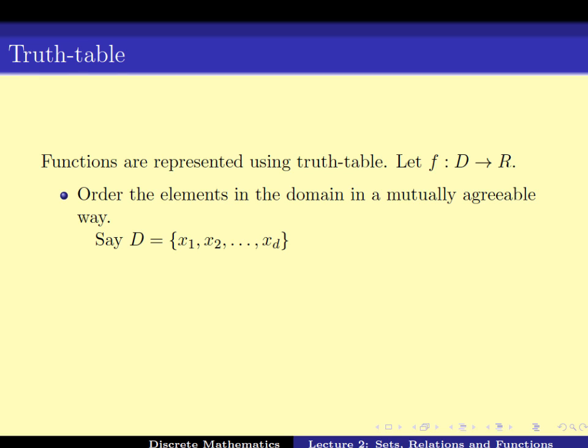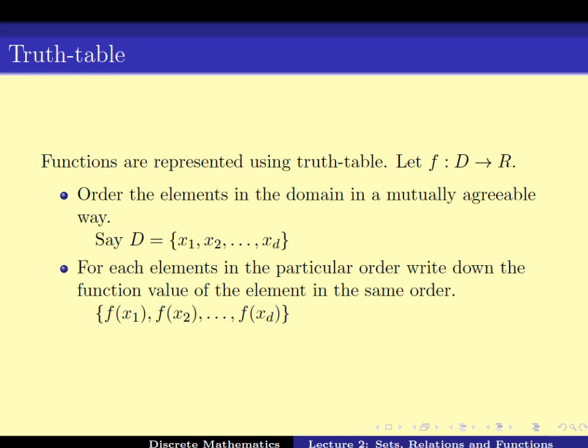Now once that ordering has been predetermined, I can just give you f of x1, f of x2, f of x3, dot dot dot, f of xd, and you will immediately understand that the third element in the ordering that I give you is the mapping of x3 to the range.